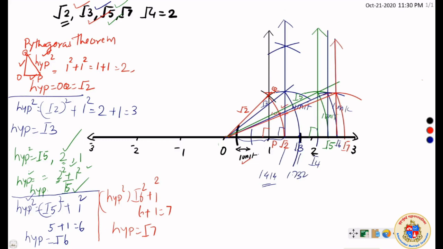You will practice it in such a way that you know to represent not only 1, 2, 3 on the number line, not only 3 upon 2, 4 upon 8 or any such rational numbers. You also know now how to represent root 3, root 2, root 5, root 7 and many such numbers on the number line.